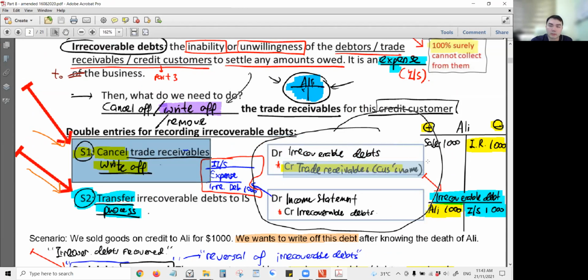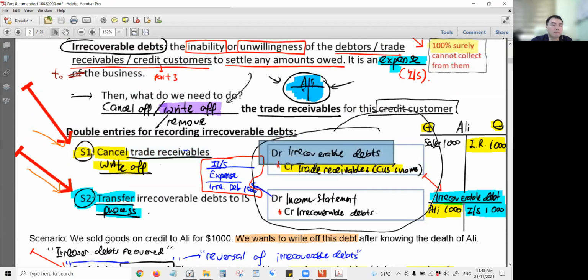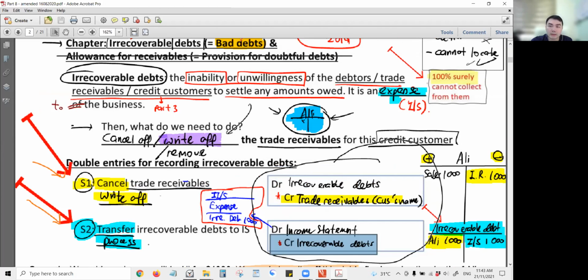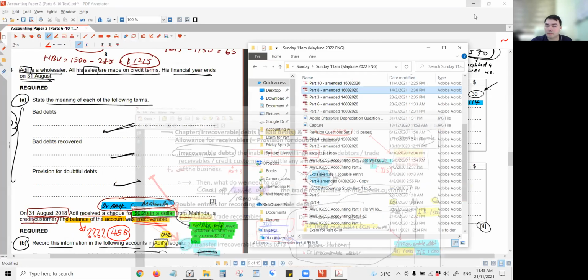Second step, do the transferring process. Irrecoverable debt is an expense account, therefore you have to do the transferring process. Let's do these two steps together.